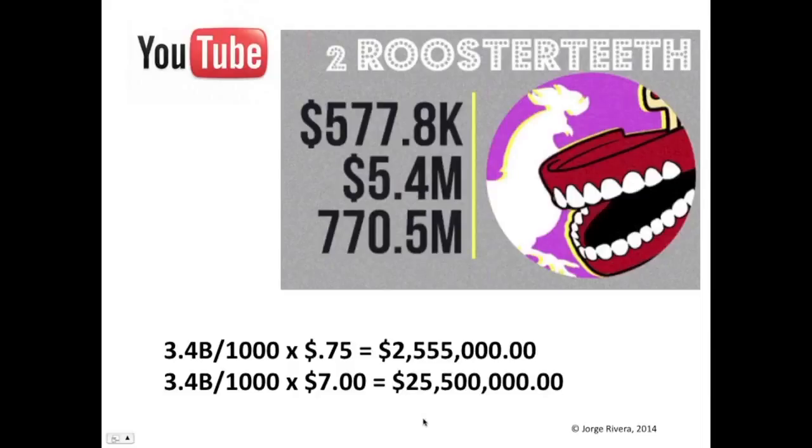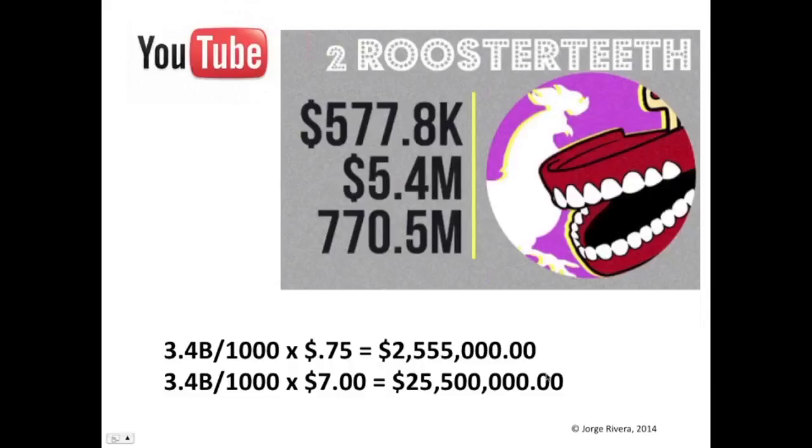Again, no one knows the exact amount that they earned because no one knows what their CPM is, right? At the very minimum, they're getting paid 75 cents per CPM, or they could be as high as $7. There are some people, some channels that earn even more than that, depending on their reach and their celebrity status and the amount of subscribers they have. But this is a very acceptable range for us to extrapolate on.